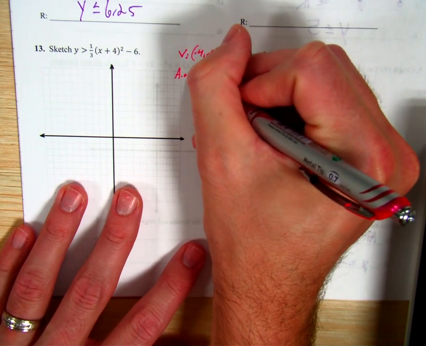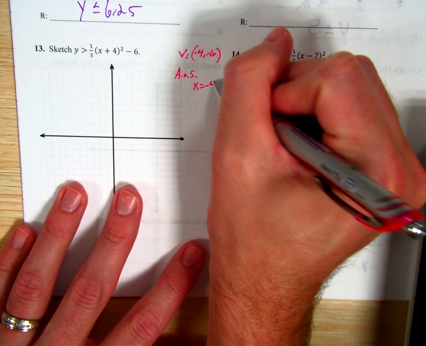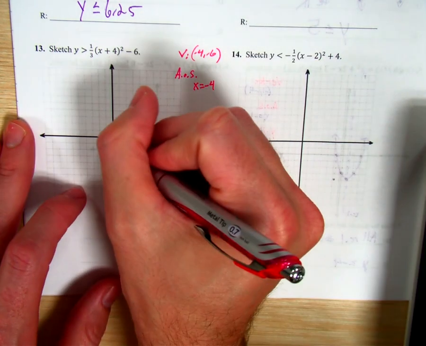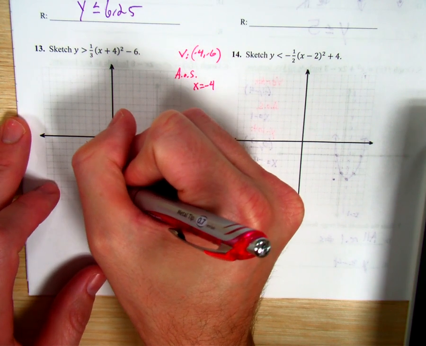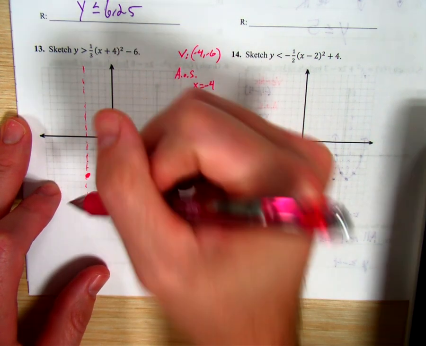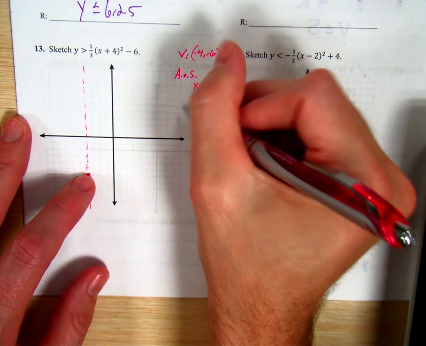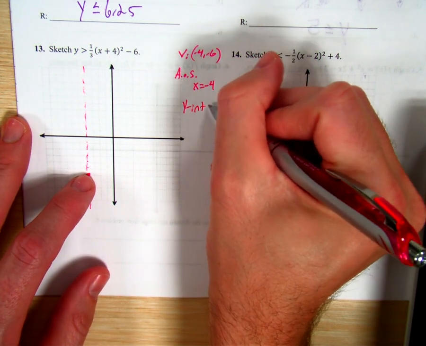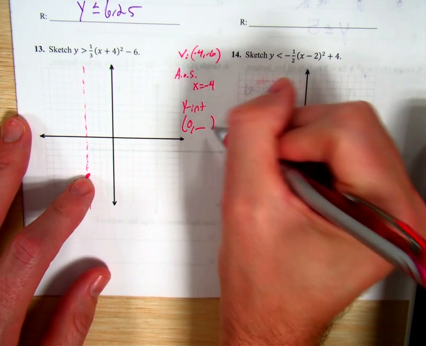My AOS, axis of symmetry, is x equals same x number. And y-intercept. And again, this is not going to be a friendly y-intercept, but it is 0, something, right?